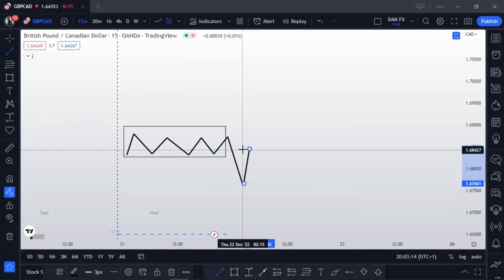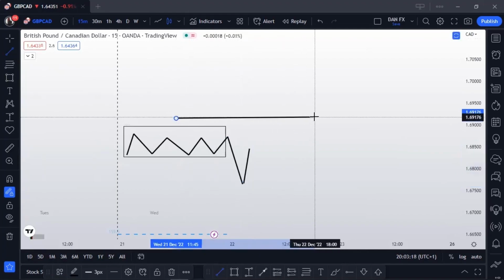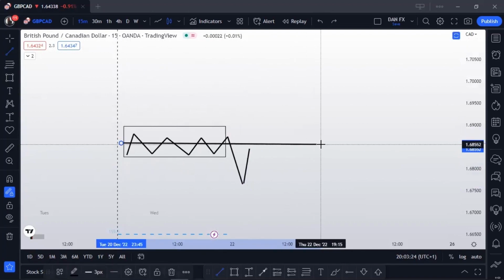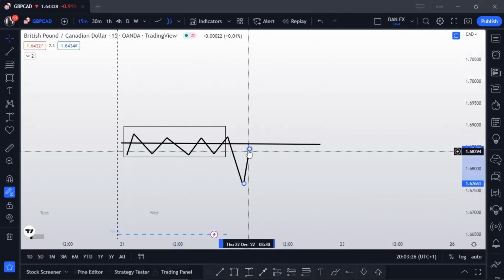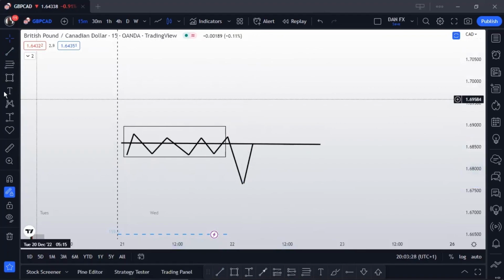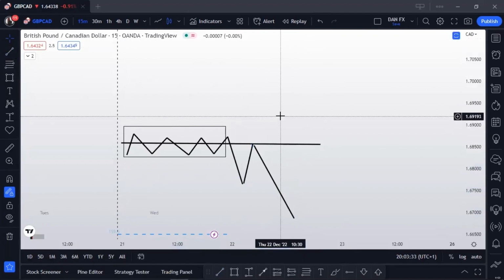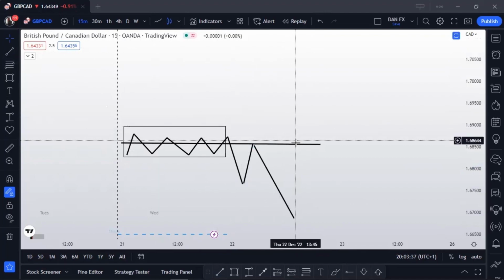But instead of continuing all the way to the top of the Asian range, they stop at the middle of the Asian range like this and then reverse back down. So this is basically a continuation pattern, continuing the trend.